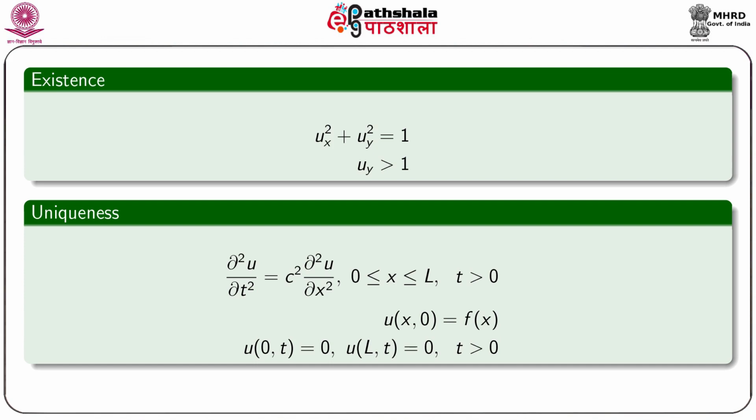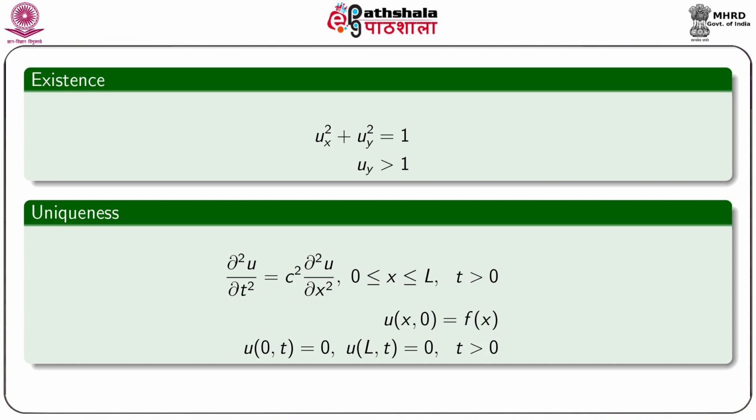So, this is the example. If you see the condition u_y is greater than 1, this condition will not satisfy the equation. You will not get any real solution of this problem. So, there does not exist any solution of this problem.